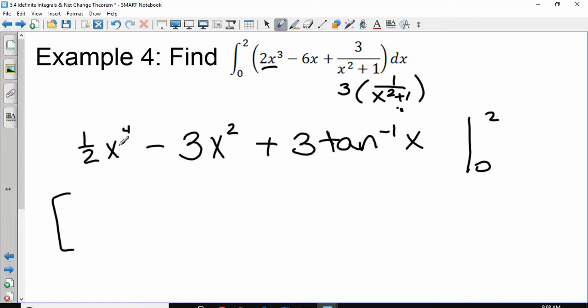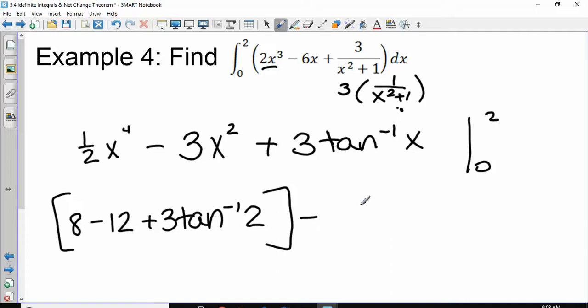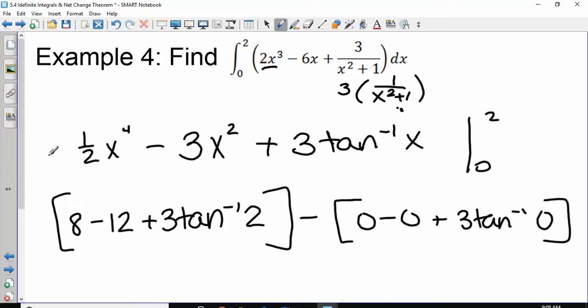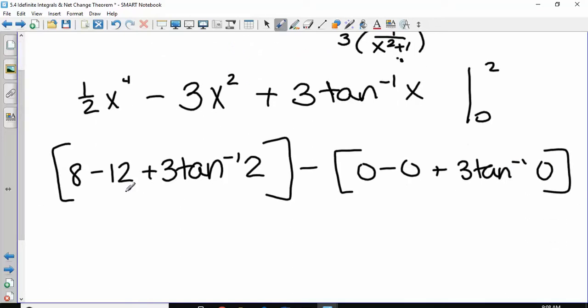Alright, so if we plug these in, 2 to the 4th is 16 times 1/2 is 8. 2 squared is 4 times 3 is 12. Plus 3 tangent inverse of 2. Minus, if we put in a 0, okay, so this gives me a -4 plus 3 tangent inverse of 2 minus tangent inverse of 0.